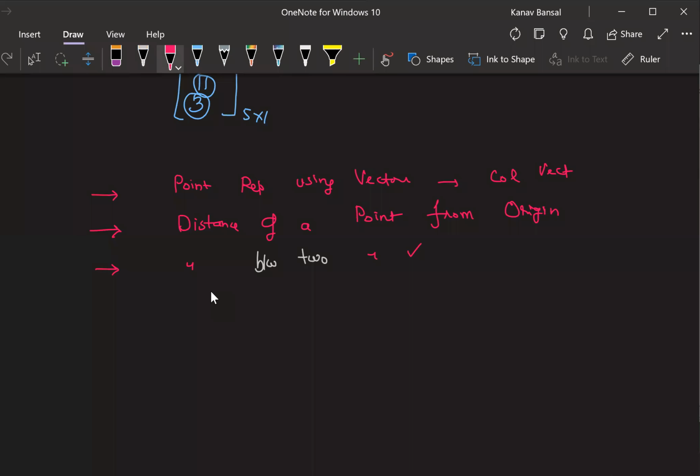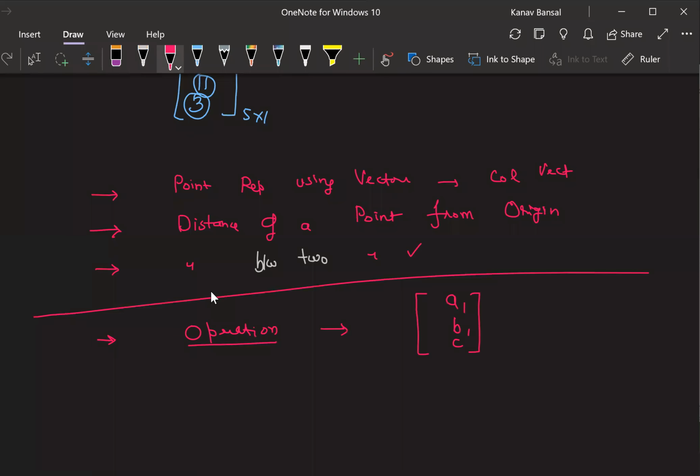Now let's try to learn one more topic. That topic is how to perform some algebraic operations on vectors. Let's say we have a vector A1, B1, C1. Let's say we have another vector A2, B2, C2.